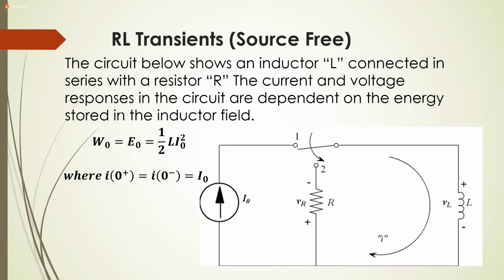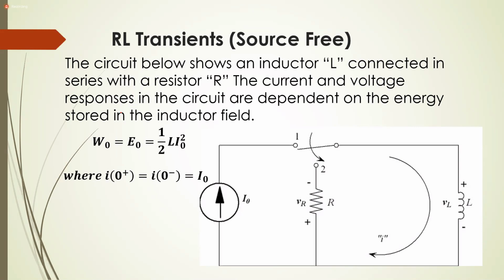So with this inductor, when the switch was in position 1, initially the current through that inductor would have moved from 0 to I0.